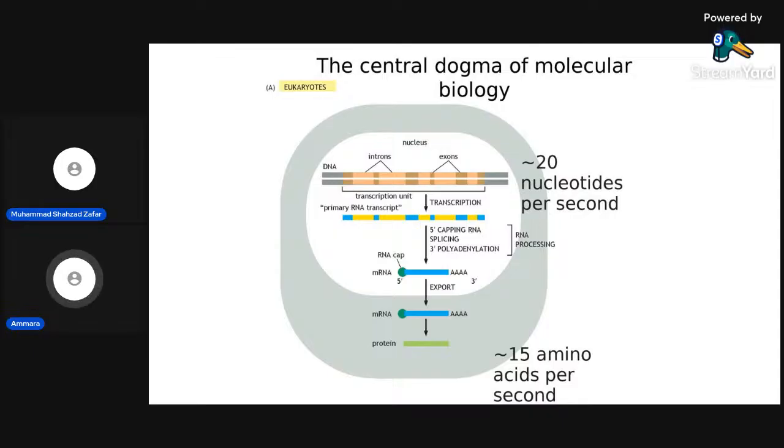And in central dogma, three processes are involved. DNA to DNA formation is called replication. DNA to RNA formation is called transcription. And messenger RNA to protein formation is called translation.